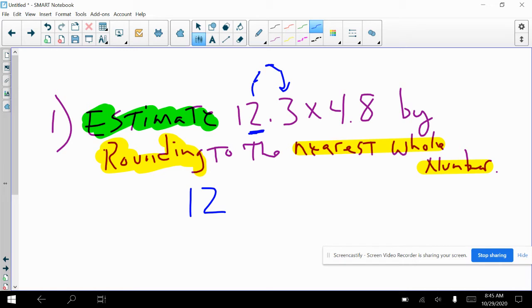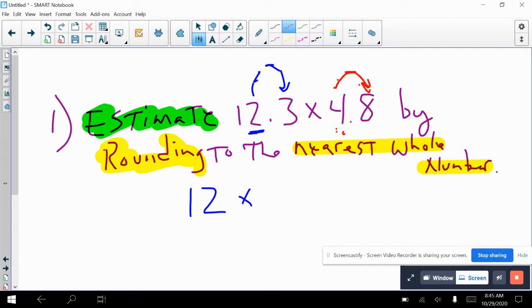You could think of it as money. What's $12.30? Is that closer to $12 or is it closer to $13? Closer to $12. Okay, better to know your rounding rules, but you could think of it as money. Times 4 and 8/10. What number are we looking at? The 4. What place value is the 4 in? The ones. Look next door. Is that 5 or greater?